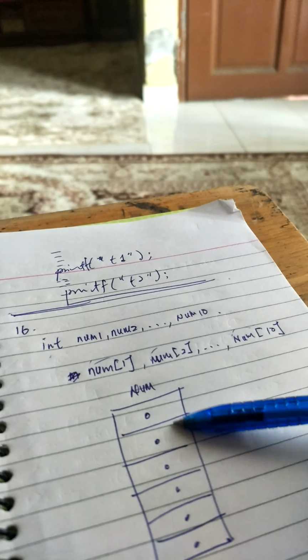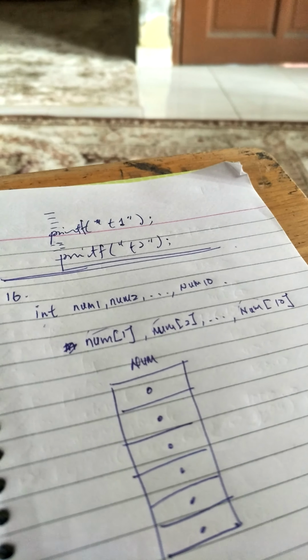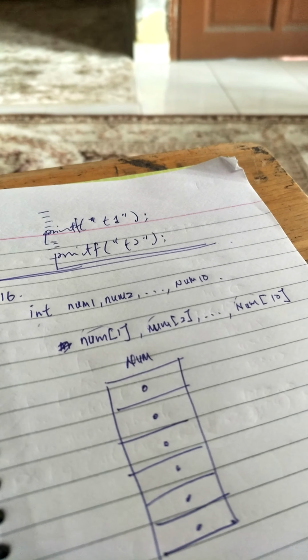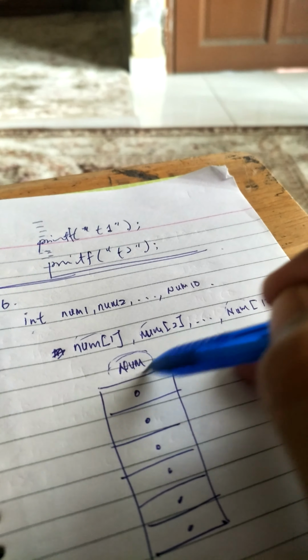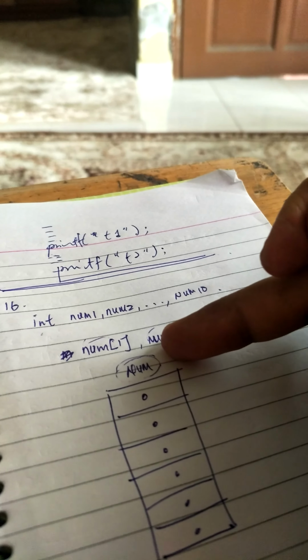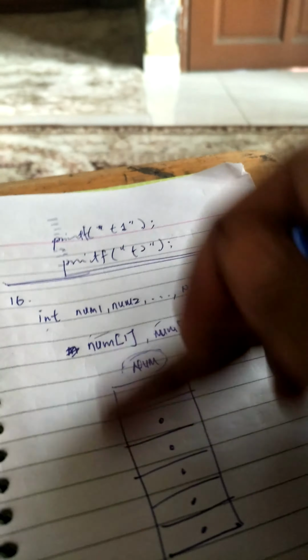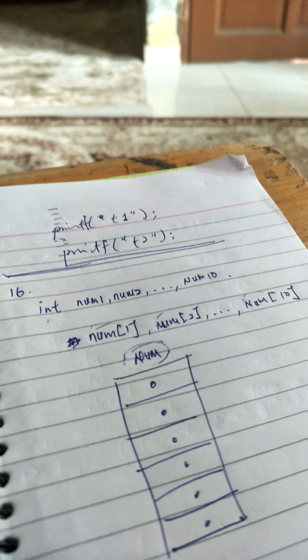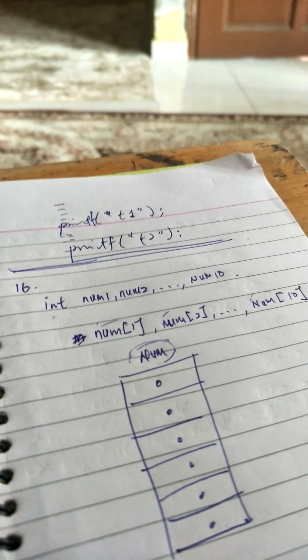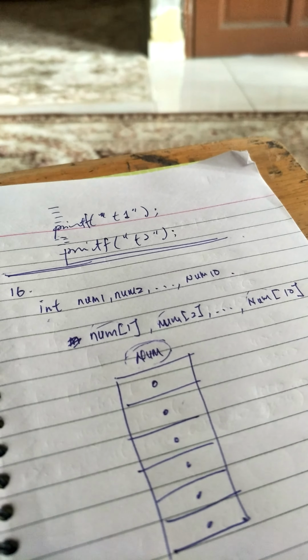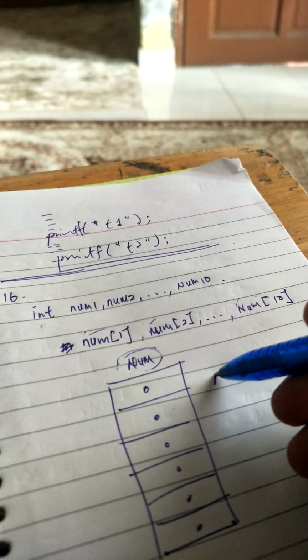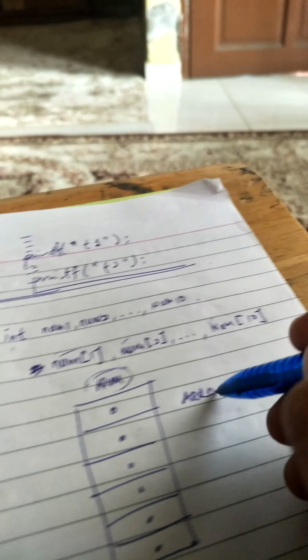Each of these drawers can store an element. So what we need to do is just name one variable, the whole thing, and each of those is a drawer. This is the idea of an array. So that's what we call an array.